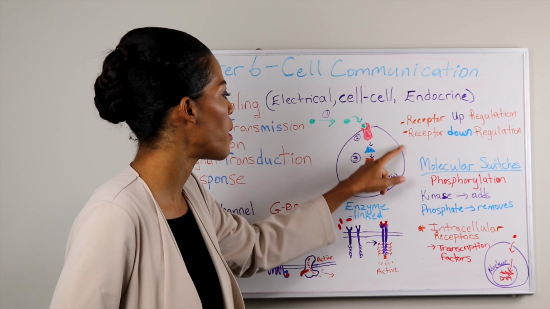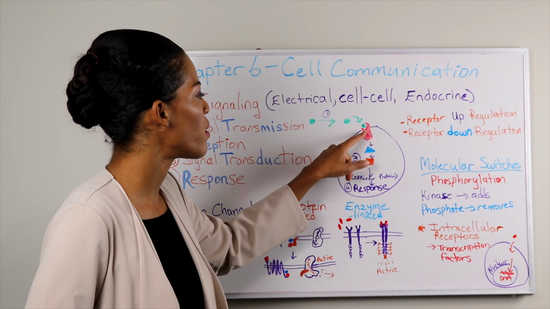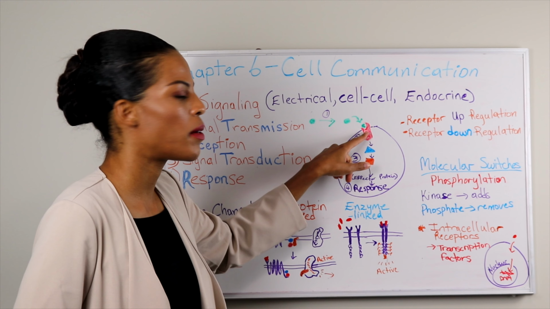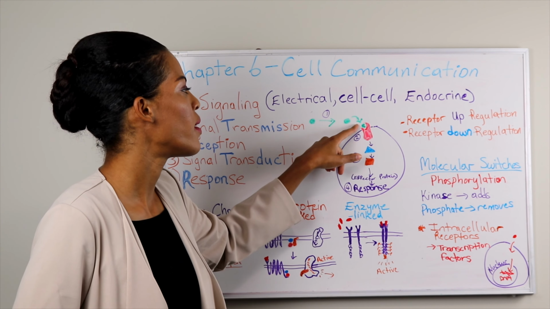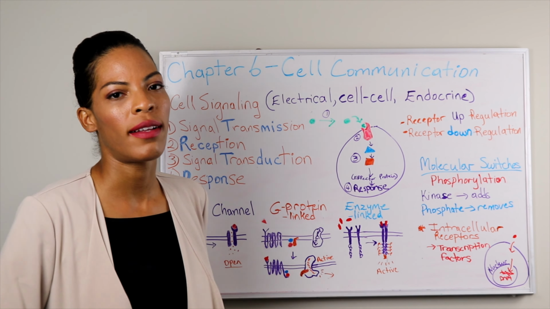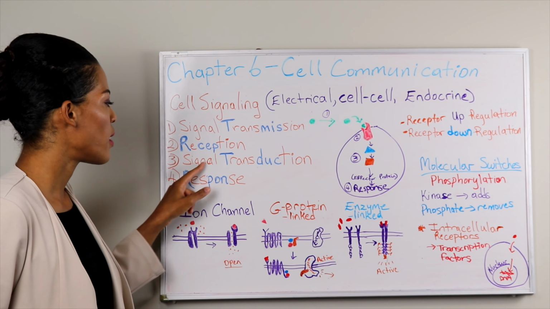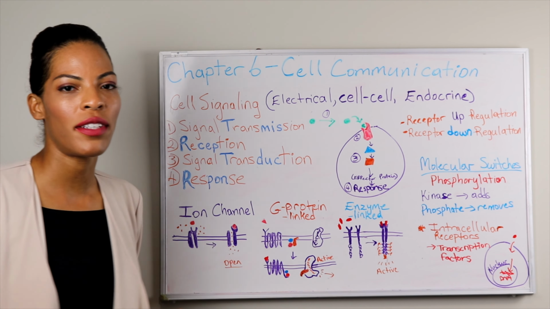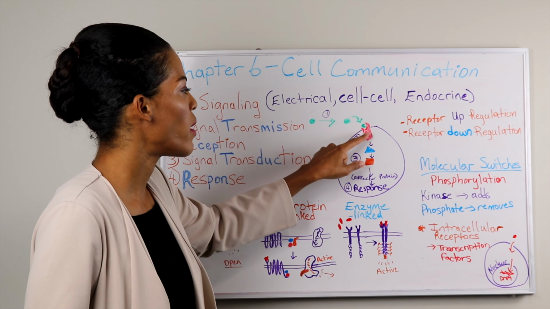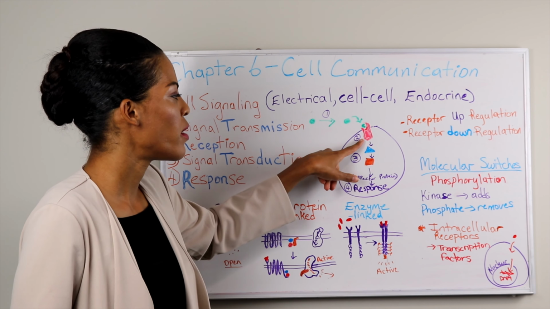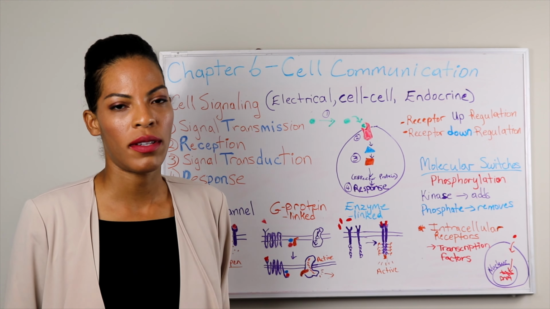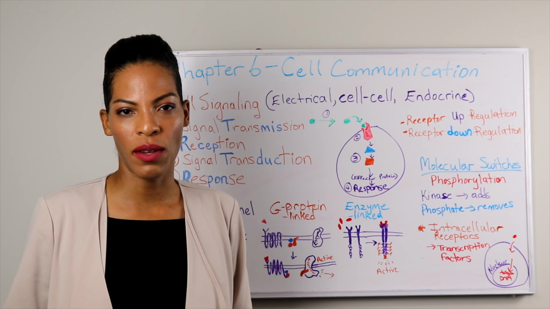So on your cell membrane, you have what's known as receptors, and these are proteins that can bind the signal when they come to the cell in many cases. The third step is signal transduction. So after you have the signal bound to the receptor, many times it doesn't go into the cell to tell the cell what to do.